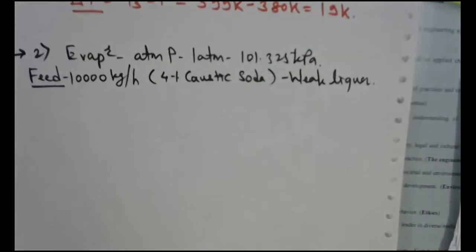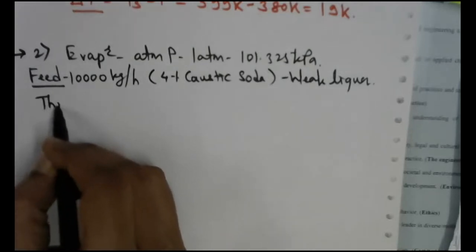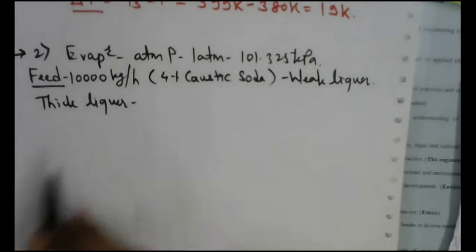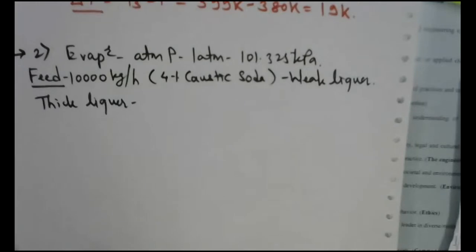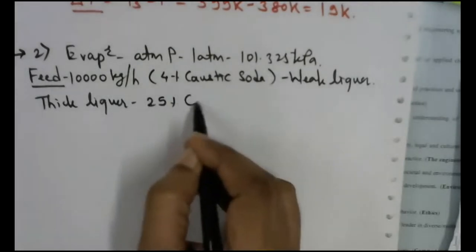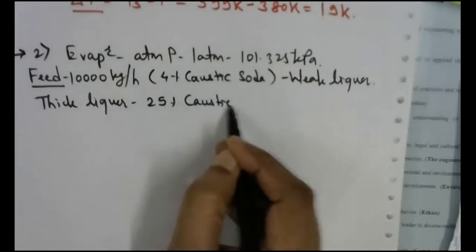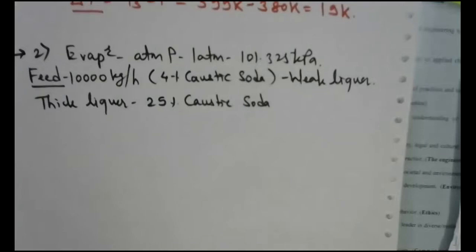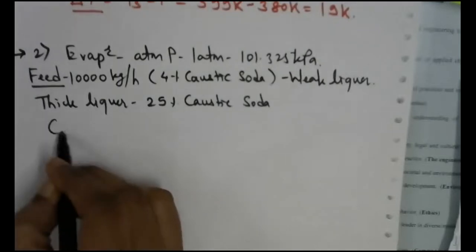Then the thick liquor leaving the evaporator contains 25% caustic soda. Find the capacity of the evaporator.